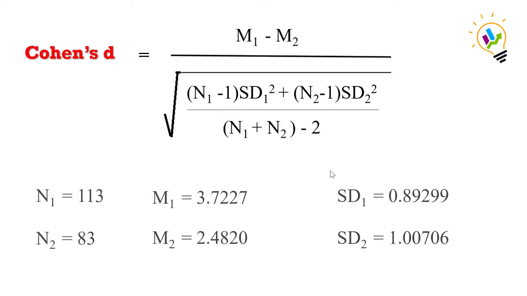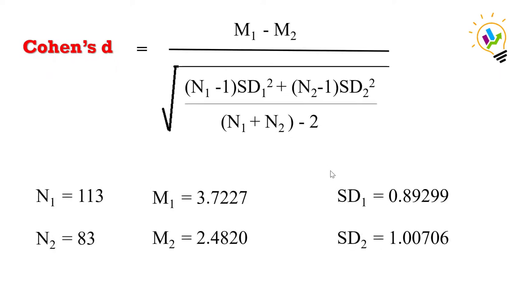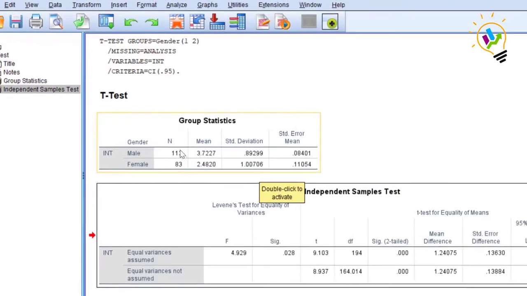Let us see the values which we have already used in the analysis. The sample for male is 113, for female it is 83. The mean of male is 3.7227, for female it is 2.482. The standard deviation for male is 0.89 and for female it is 1.007.